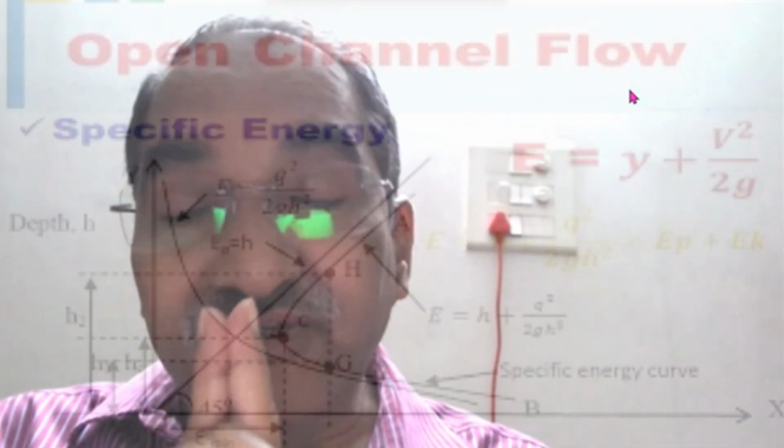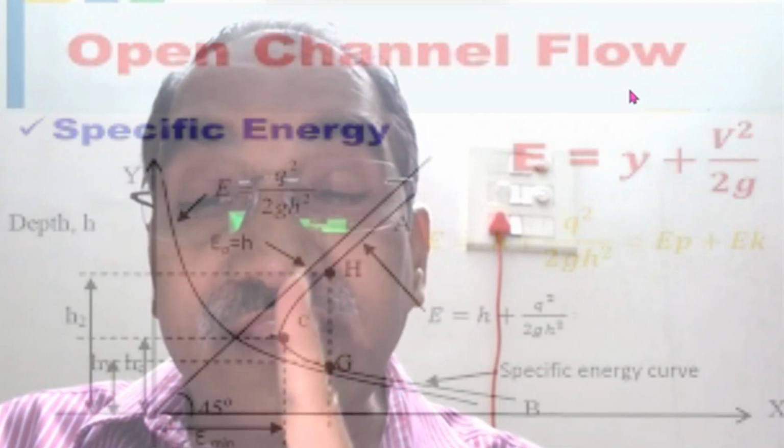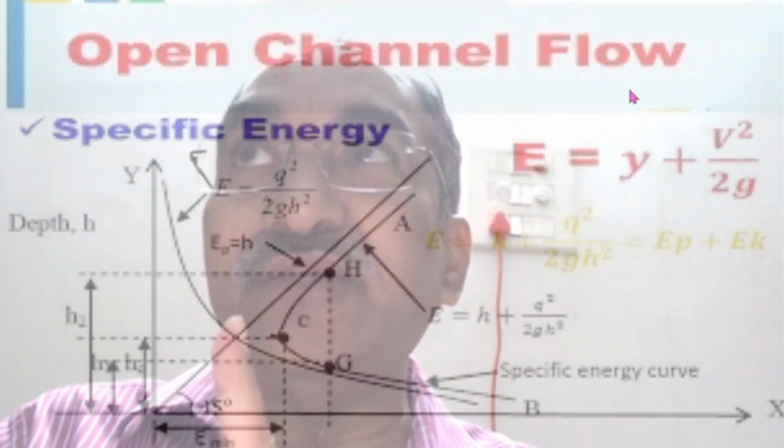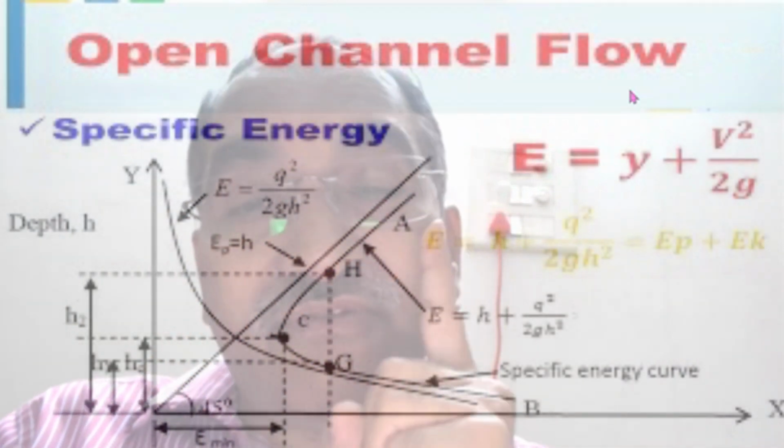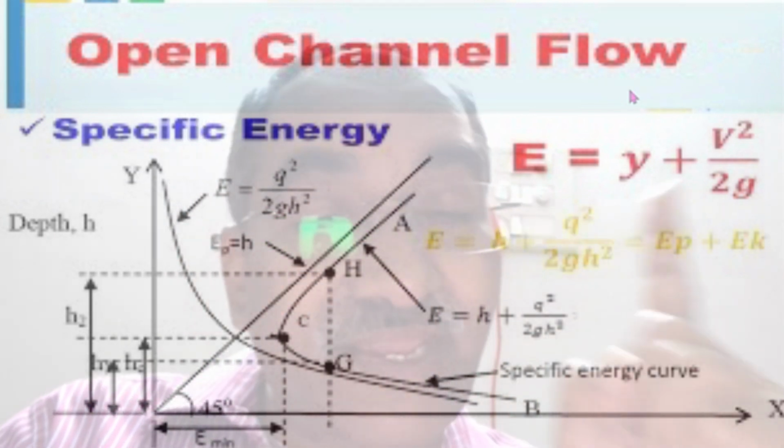The total energy is Y plus V squared by 2g plus Z. If Z is equal to 0 and the channel bottom itself becomes datum, the remaining two terms represent the specific energy. So specific energy E is equal to Y plus V squared by 2g.